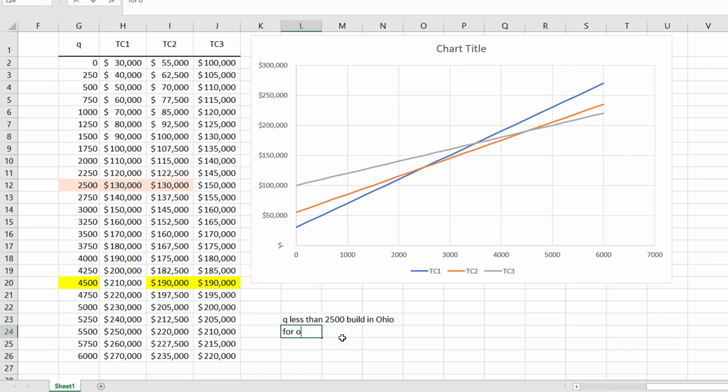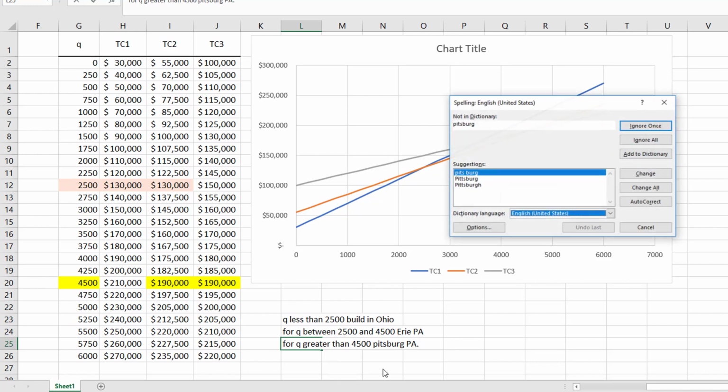For output between 2,500 and 4,500, I want to be in Erie, Pennsylvania. For output greater than 4,500, Pittsburgh is my choice. So that is how I would summarize this location decision.